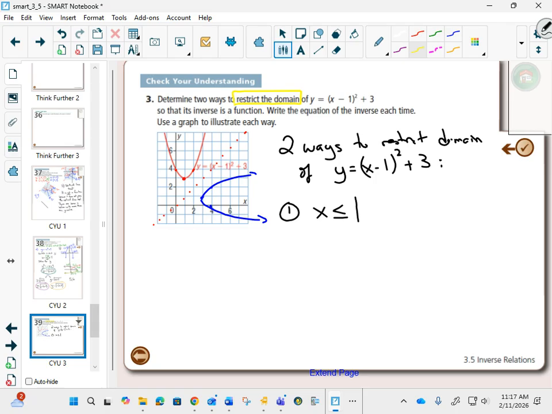I'm going to put a purple box around that and highlight that part of the graph in purple.